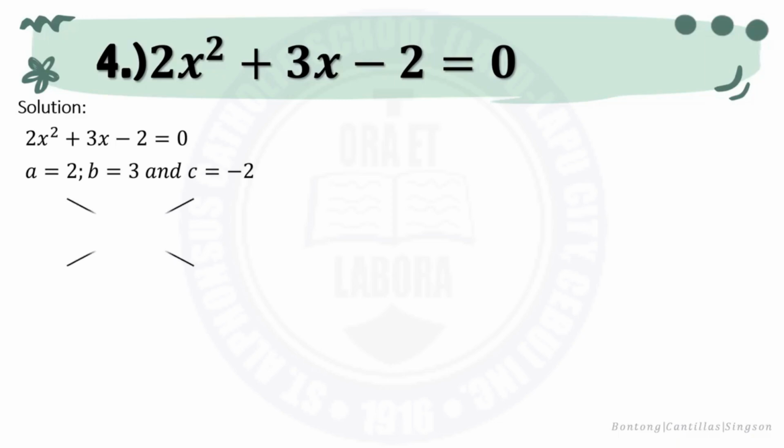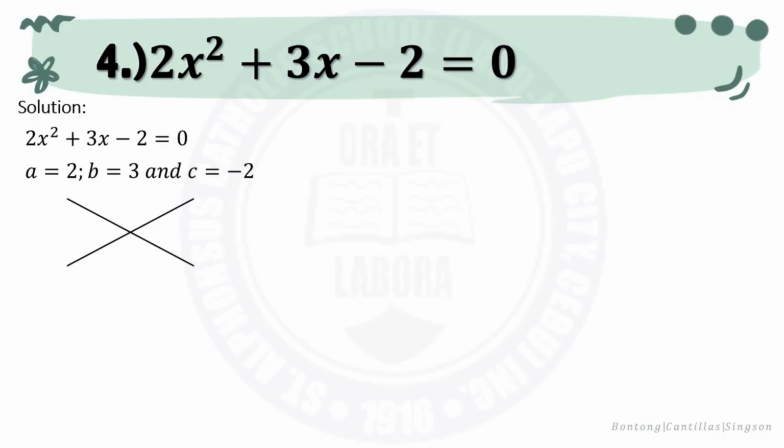Next, draw the X mark. Again, on the upper part of the X mark, you will write the value of AC. In the lower part of the X mark, you will write the value of B. And on the left and right side of the X mark, you're going to write the factors whose sum is B and whose product is AC.